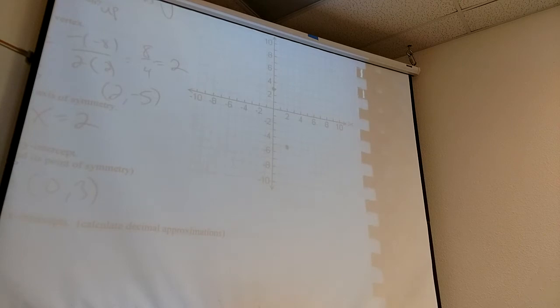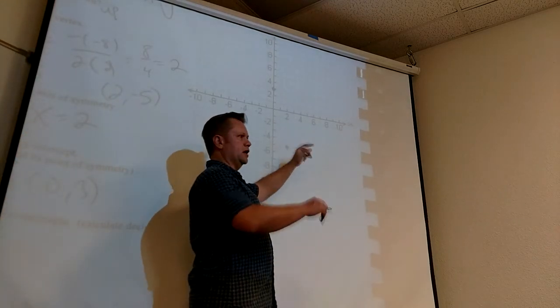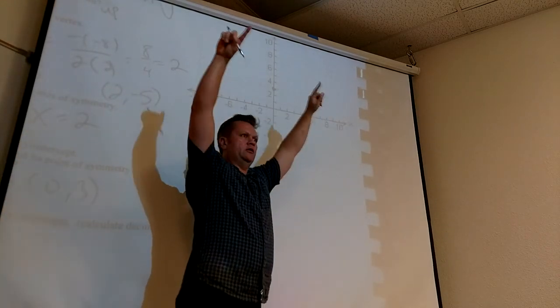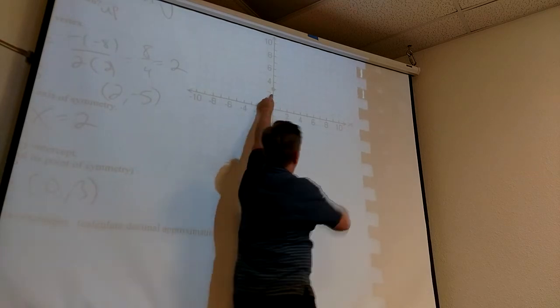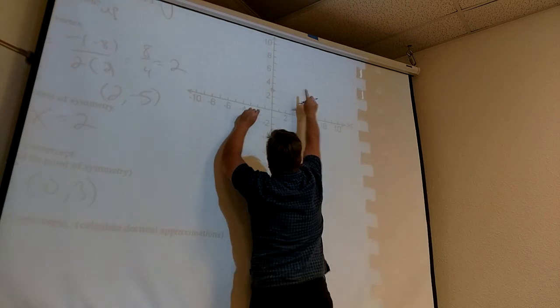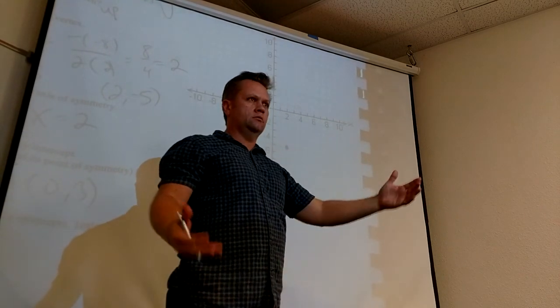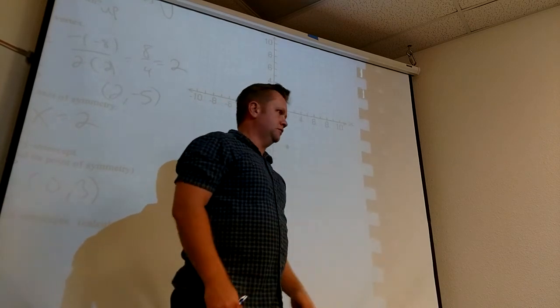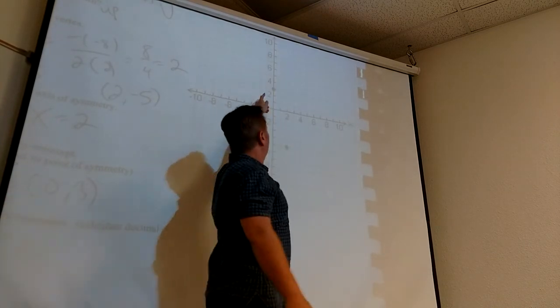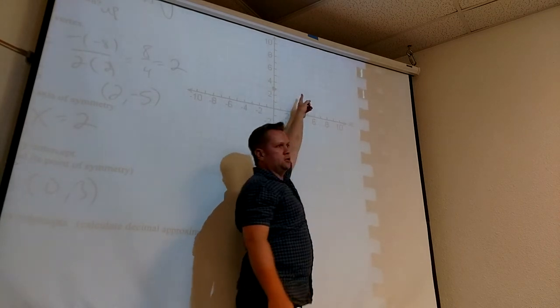I don't have to plug anything in anywhere. What is true about the vertex? It's got to be symmetric around it, right? So if there's a point here, there has to be a point here, its mirror image. Is that not cool on some level? If I know one point besides the vertex, I know there's got to be another point, its mirror image.